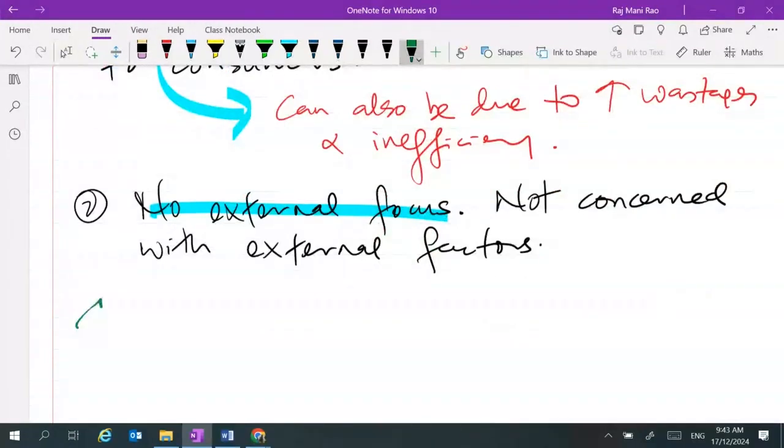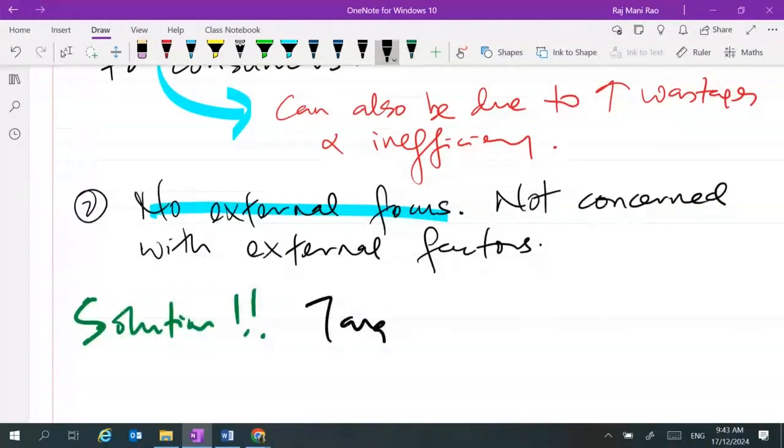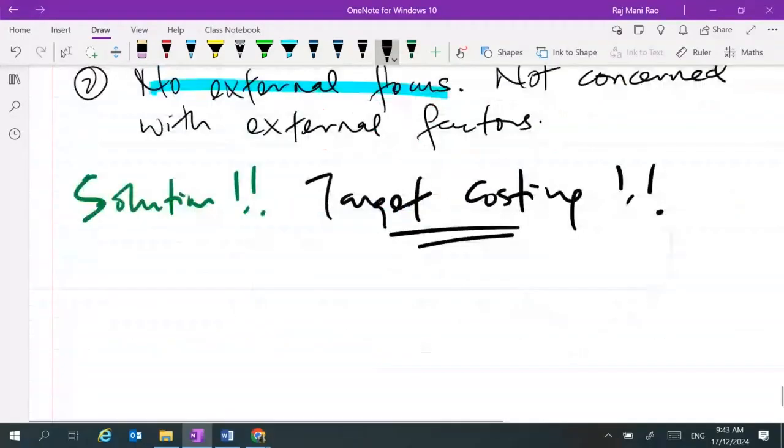So the solution, what's that? Target costing. So what is target costing?